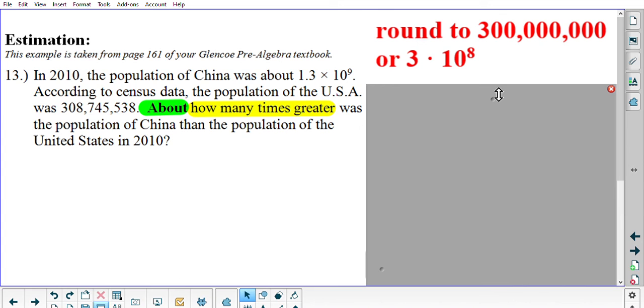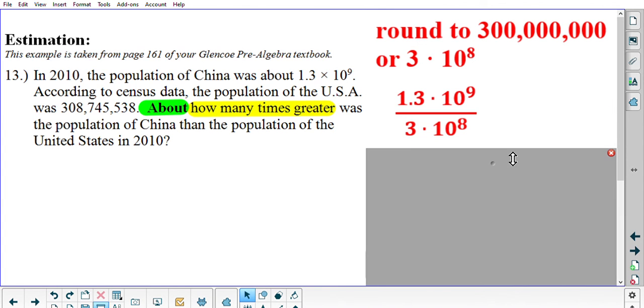And I would recommend doing that since you are going to set this up as a division problem. Now, how did I know to put the 1.3 times 10 to the 9th on top? Because China's population is the bigger population. And if I want to find out how many times greater the population of China was than the population of the United States, then I have to start with the population of China.